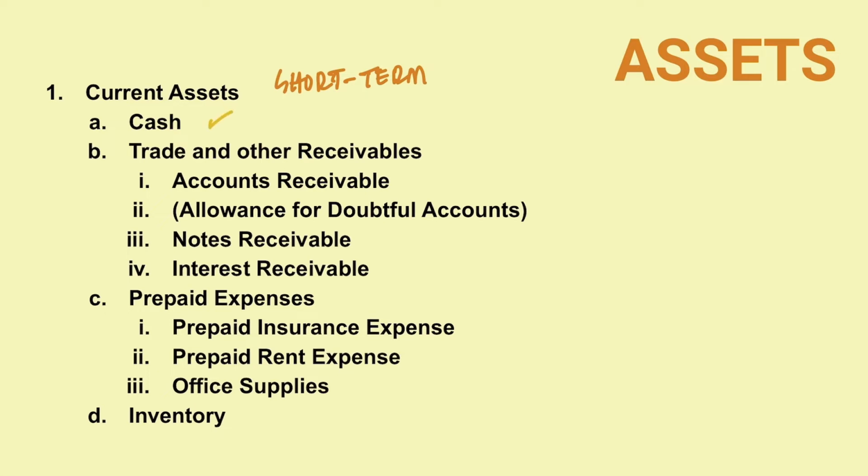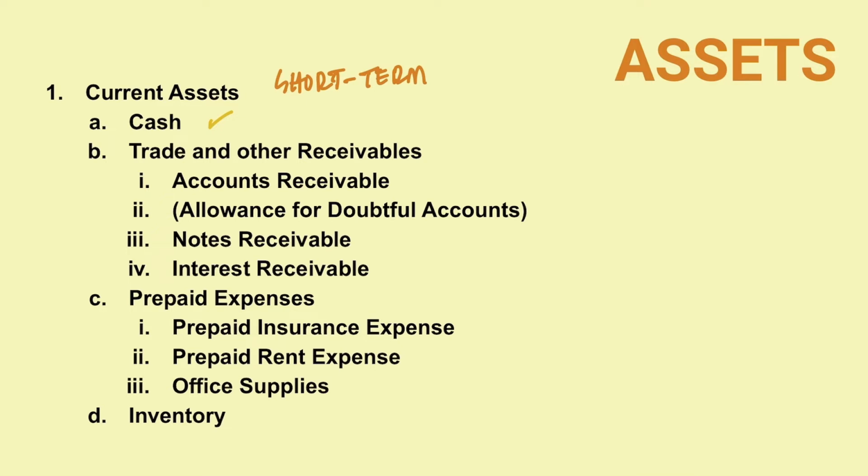Cash items under cash are cash in hand, cash on bank, and cash funds such as petty cash fund, payroll fund, and other immediately highly liquid cash accounts that are unrestricted and are measured at face value.